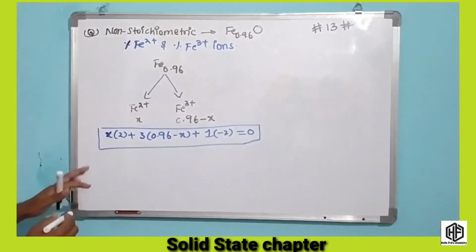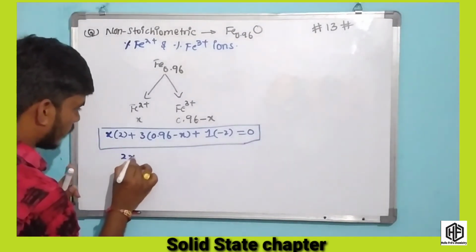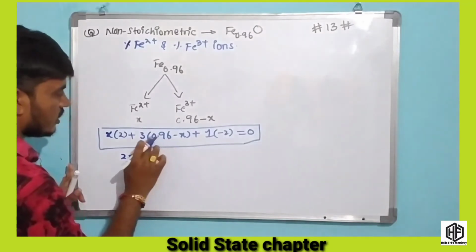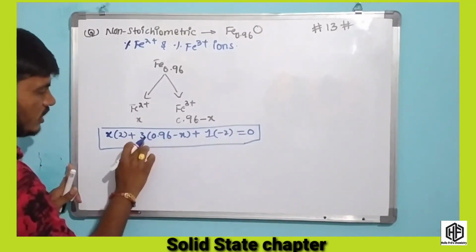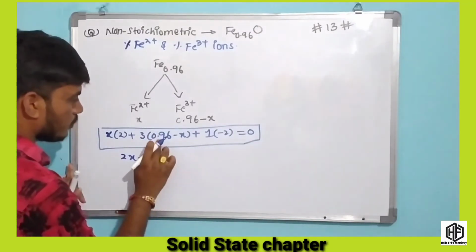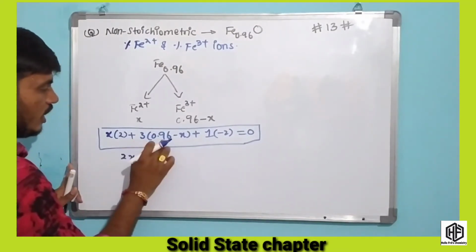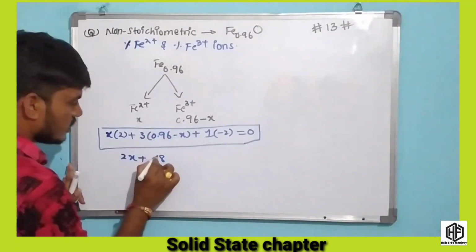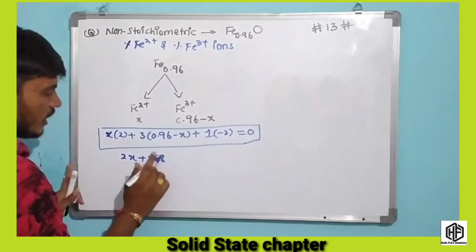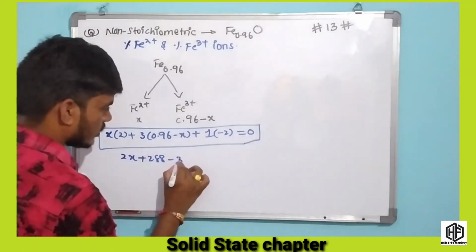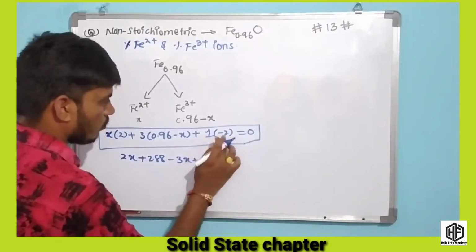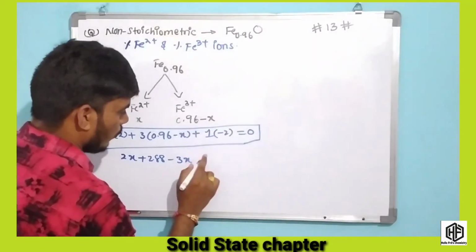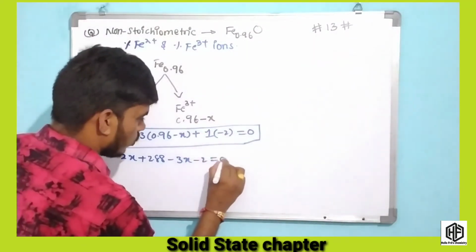Now I have to find the value of X. So 2X plus 3 into 0.96. 3 into 0.96 is 2.88. And 3 into X is minus 3X, plus 1 into minus 2 is minus 2, equal to 0.